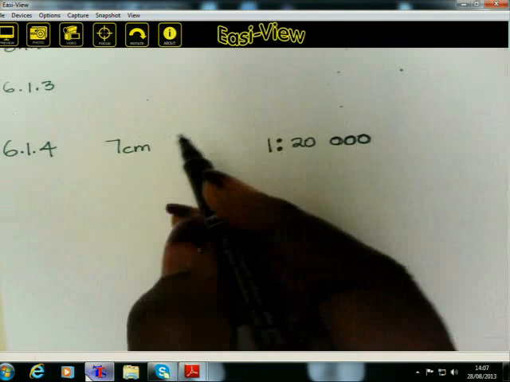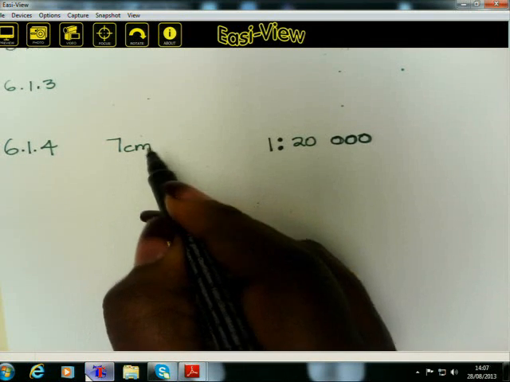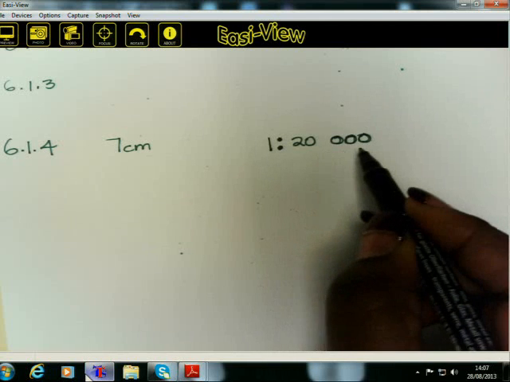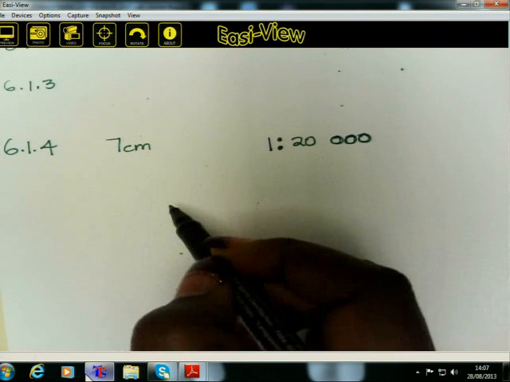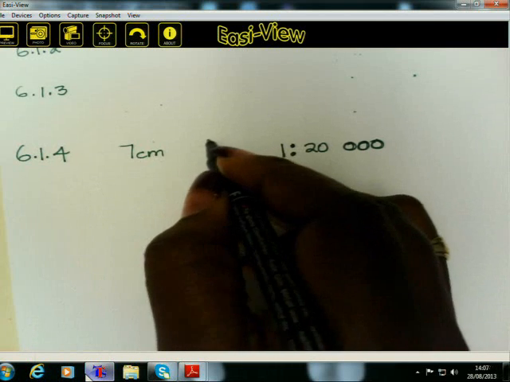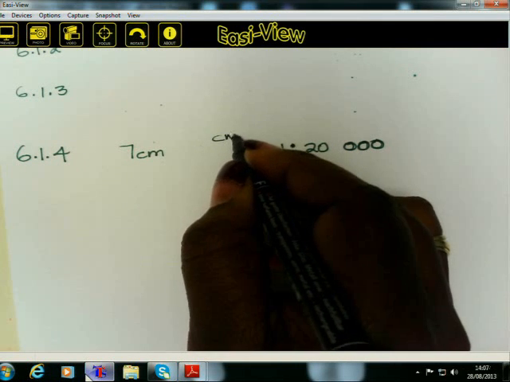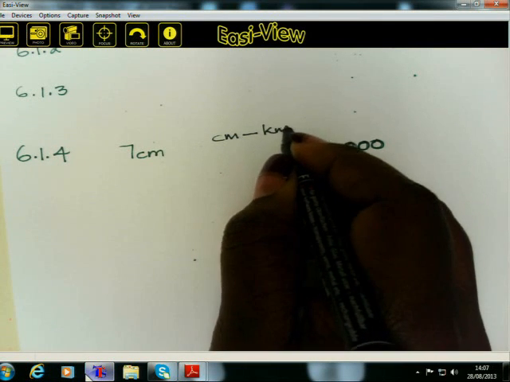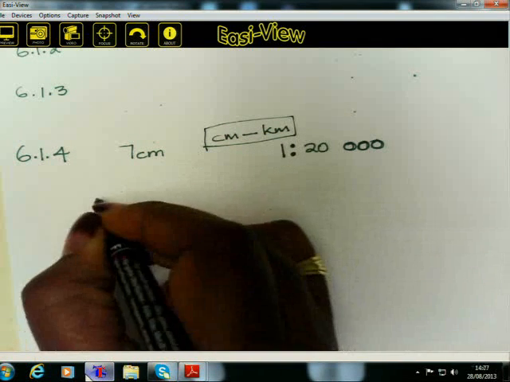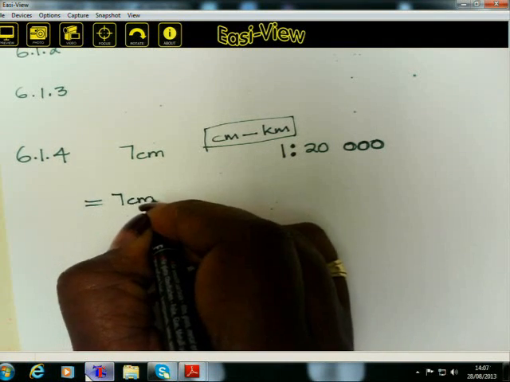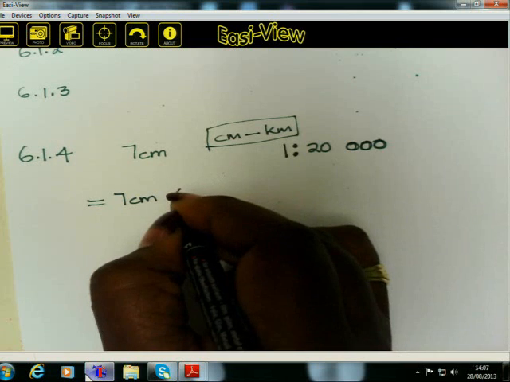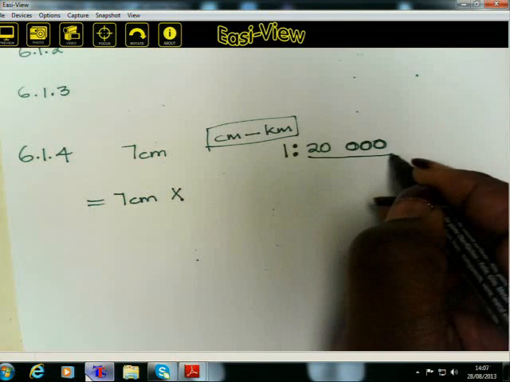I've already written down the distance that he walked on the map, and we have a scale of 1:20,000. That means if we are going to convert the centimeters so that we get our answer in kilometers, we are going to take this 7 centimeters, which was the distance on the map, and multiply it by 20,000.